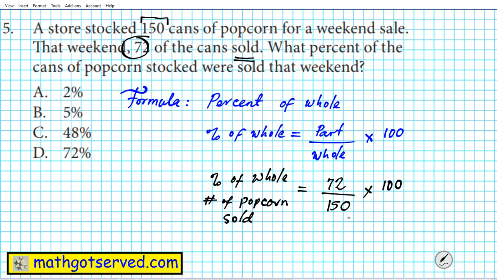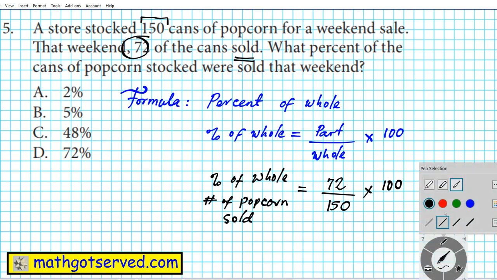Okay, so let's simplify this. We can cross reduce. Now we can divide by 10, which is equivalent to just canceling out these zeros right here. When you're reducing, you can cancel common factors in the denominator with a common factor in the numerator. When you have a product, you can go diagonally or vertically.